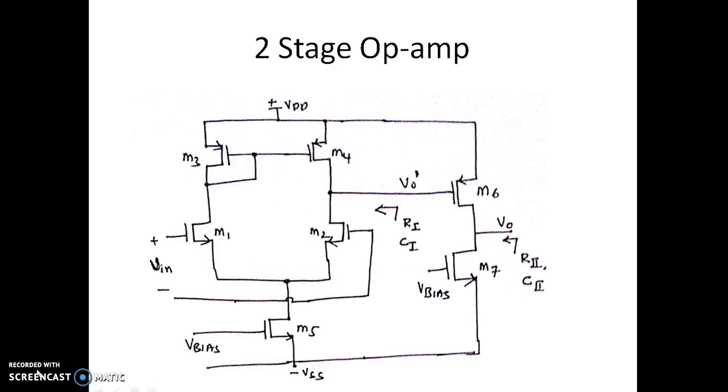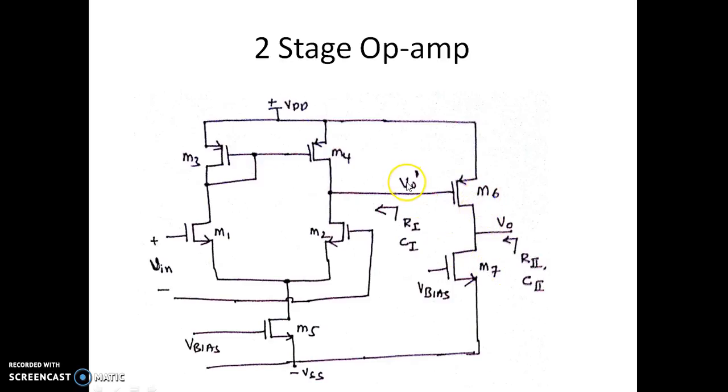So this is the circuit diagram of a two-stage op-amp, where the first stage happens to be an active load differential amplifier constituted by M1, M2, M3, M4. M5 is the MOSFET which provides the required bias current for this differential amplifier, and we have a CS amplifier which is represented by M6 and M7.